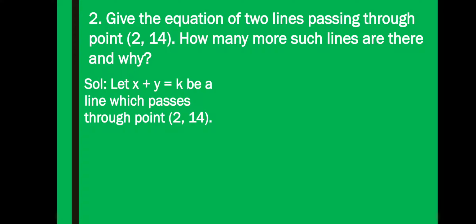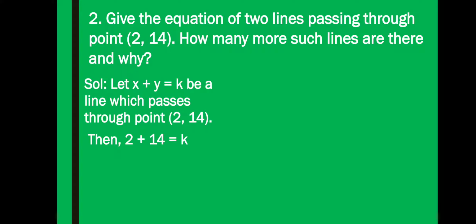We have considered one such line, x plus y is equal to k, passing through the given point (2, 14). Then put the values of x and y. As you know, the given point gives us the values of x and y. The first number is the value of x, the second number is the value of y. That is x is equal to 2, y is equal to 14.